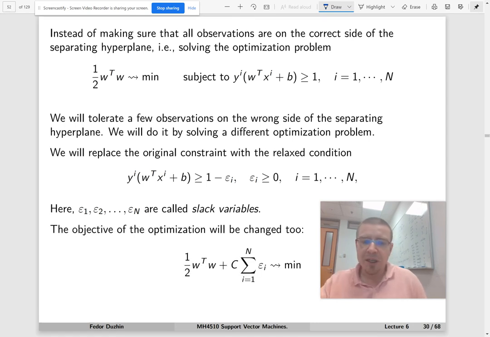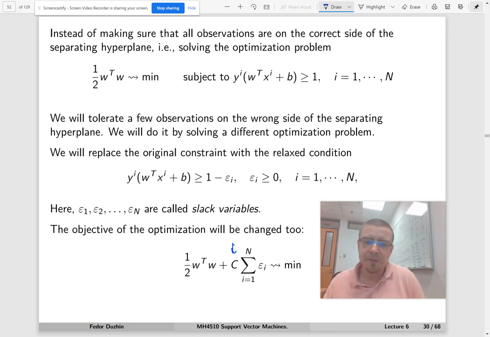And the objective function is going to get a new term, which is basically something like regularization. And this C here means the cost of misclassification. Since the sum of all epsilons tells us how much we misclassify, the multiplier C is the cost of misclassification.